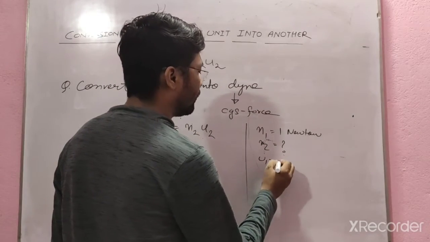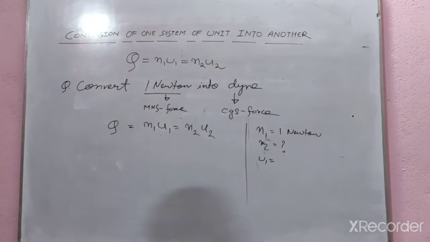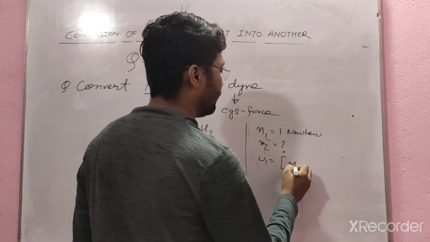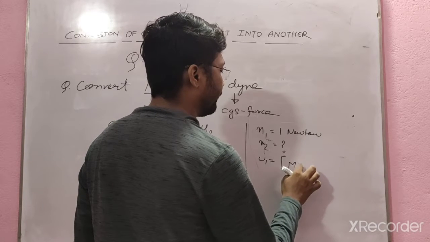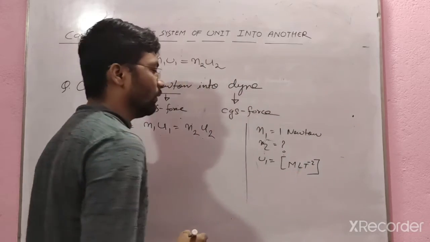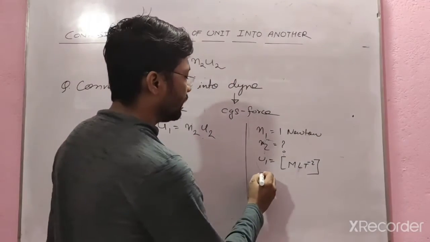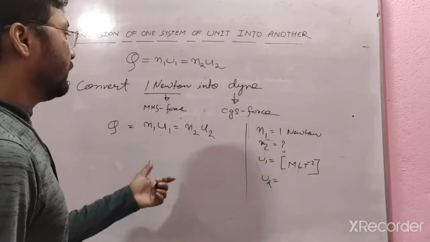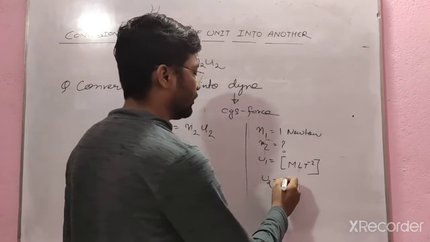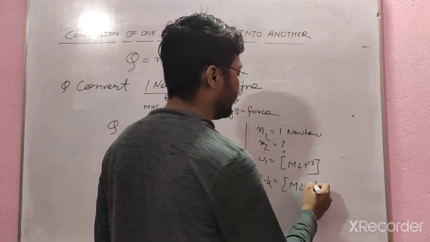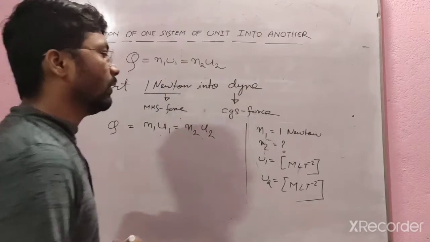The dimension of U1 is the dimension of Newton, which is M L T to the power minus 2. U2 is also the unit of force, so its dimension is also M L T to the power minus 2.